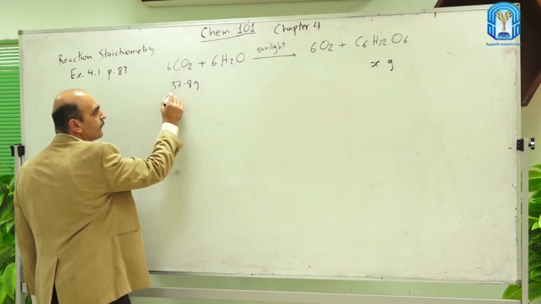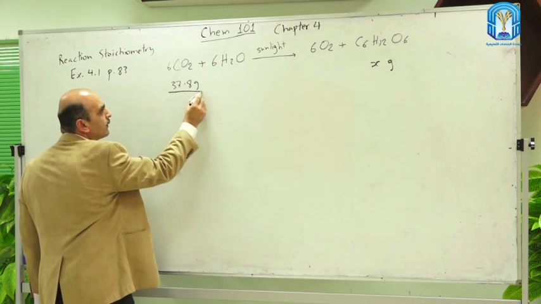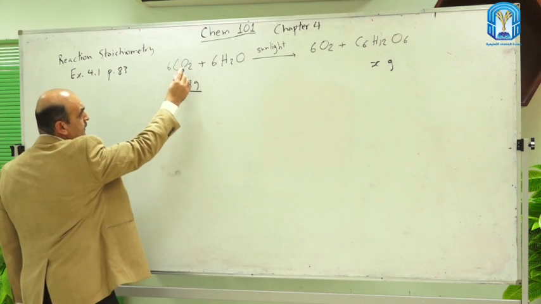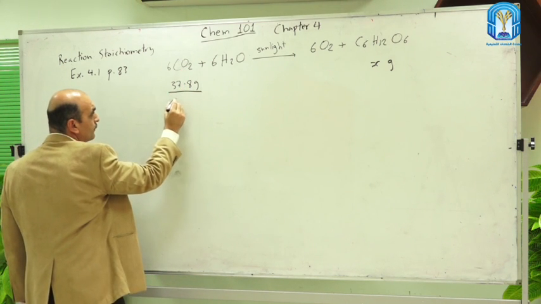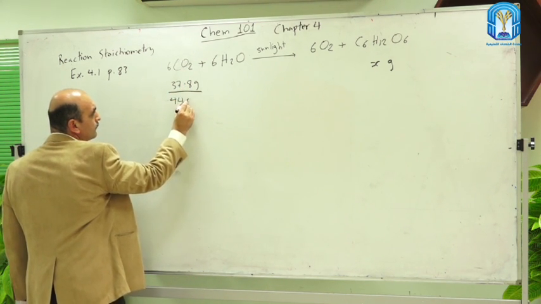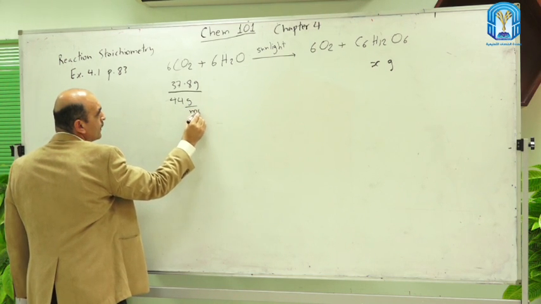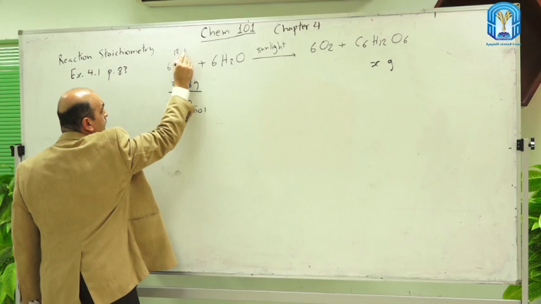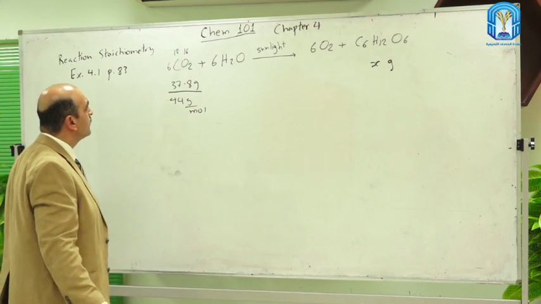So we convert this mass to moles by dividing it by its molar mass, 44 grams per mole, because carbon is 12 and oxygen is 16, so the total is 44.